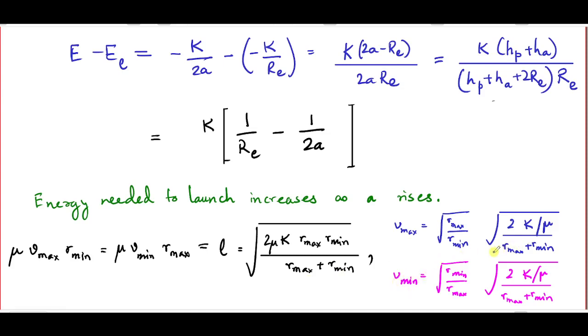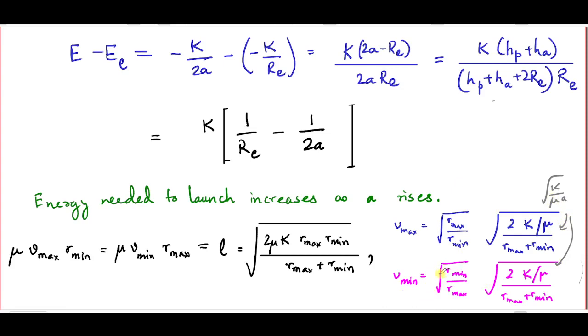They are both given by a prefactor of twice k divided by mu times Rmax plus Rmin, or root over k over mu times a, which has to be multiplied by square root of Rmax by Rmin for Vmax and square root of Rmin by Rmax for Vmin.